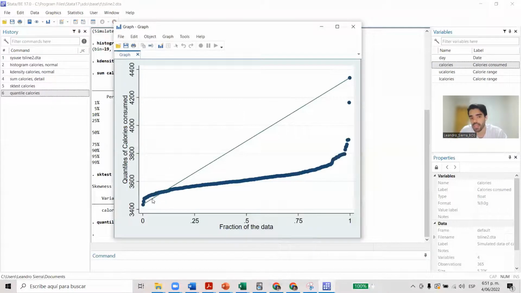A quantile plot is the graph that is supposed to follow our data set in order to have a normally distributed sample. As we can see here, it's not normally distributed. The values are skewed, and they do not follow the straight line that the quantile plot is giving us. So what the quantile plot says is that our data is not normally distributed.